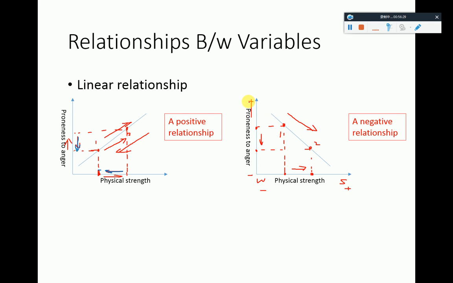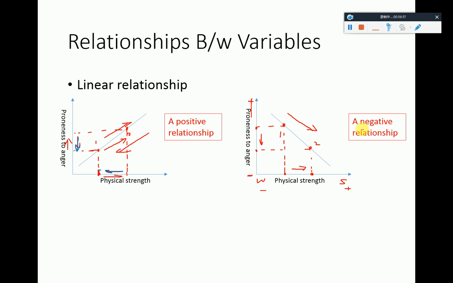In this case, we're moving from the positive end to the negative end. Whereas on the x-axis, we're moving from the negative end to the positive end. So these two arrows are in opposite directions. That's why this line describes a negative correlation.